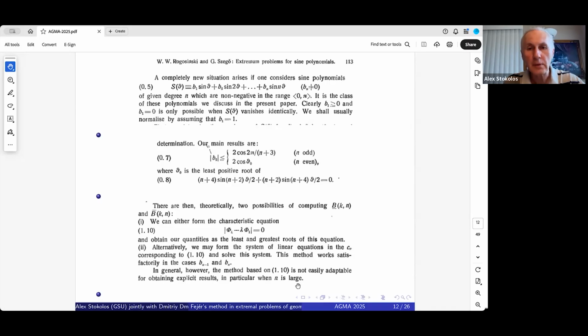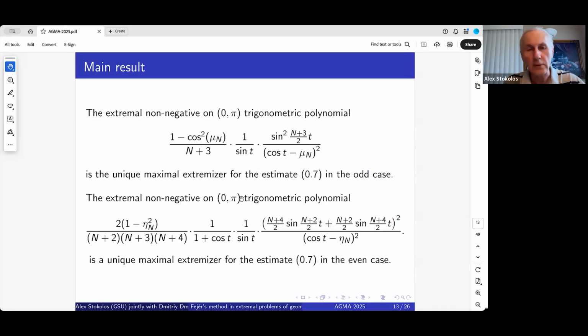And here we finally found the extremizers for this case. So this is a compact form for extremizers. This is a trigonometric polynomial which is the extremizer in the odd case, and it's unique. And this is a trigonometric polynomial which is also unique for the even case.